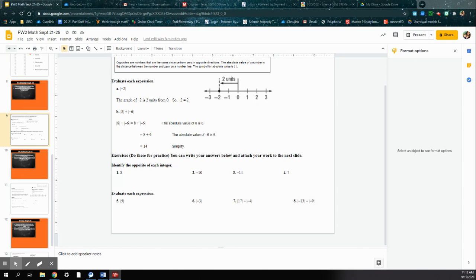The distance between 3 and 0 is 3. So when I subtract, I get 4. So this is how we solve absolute value expressions. Now the next one we're going to do are called opposites. Now I don't want you to get them confused, so that's why I'm making a second video.